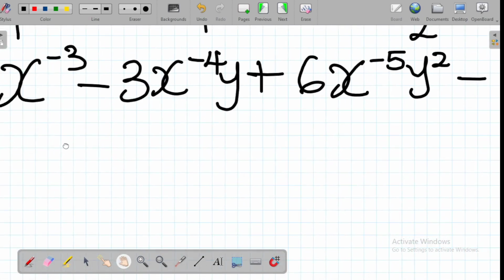All right, our next task is to put the values of x and y into the equation. Remember, from the question, x is given as 2 and then y is given as b.